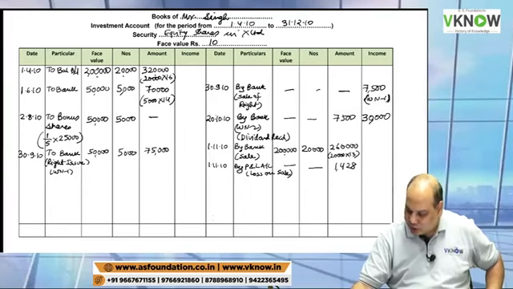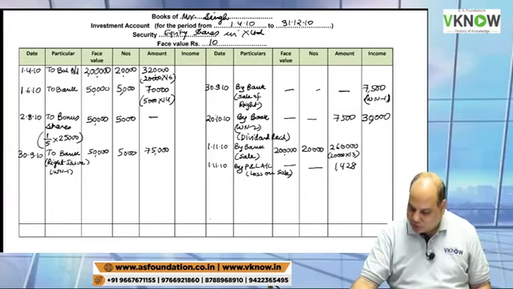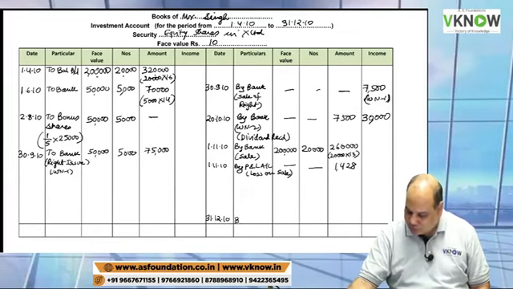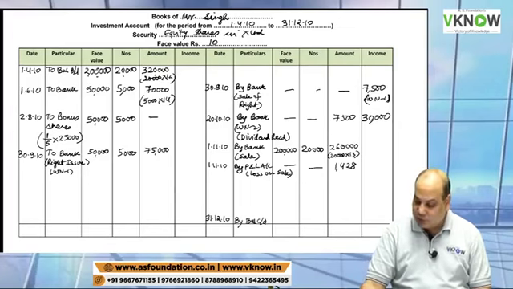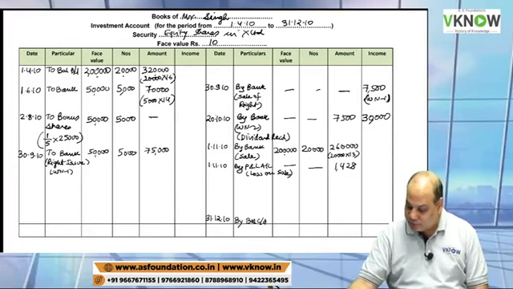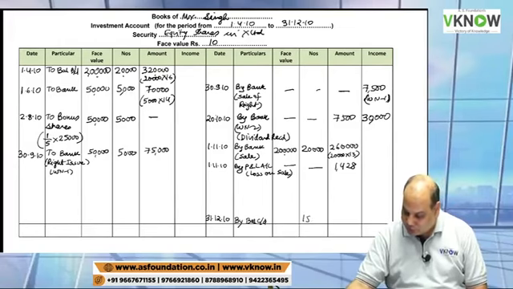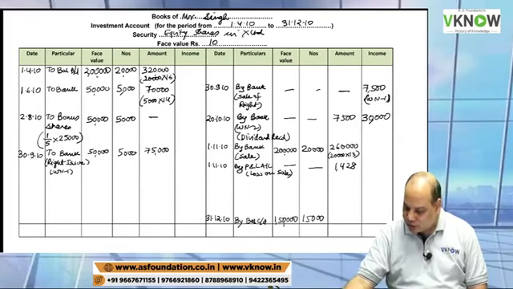And then in the last line write 31/12/10, by balance carried down. Count the number of shares left, 15,000, 1,50,000, and the valuation is done in the last working note.